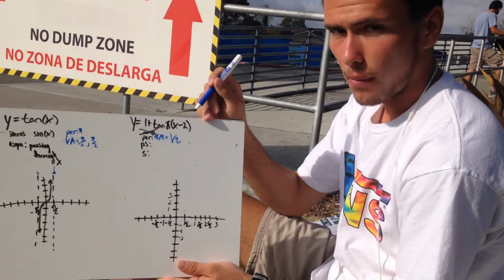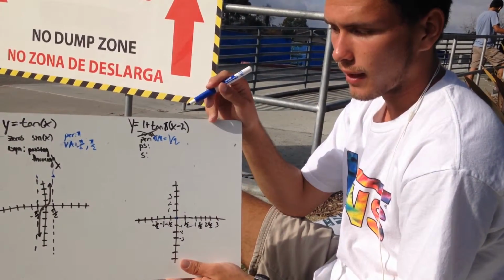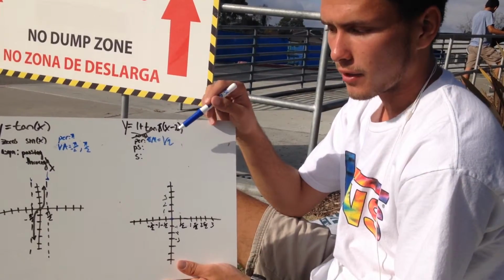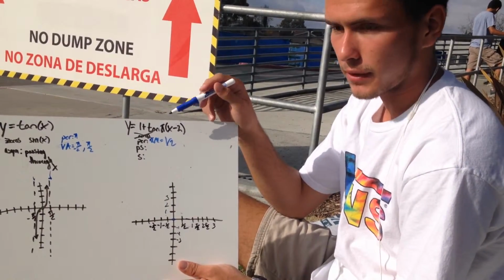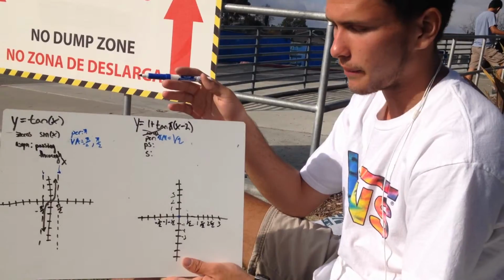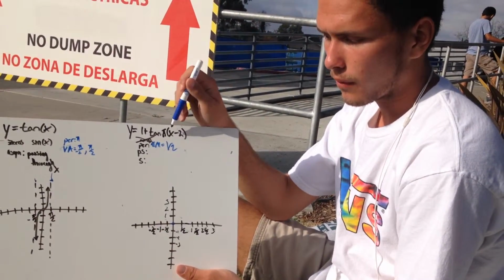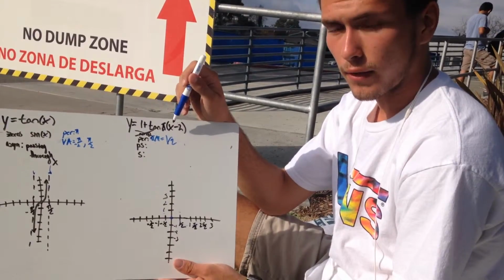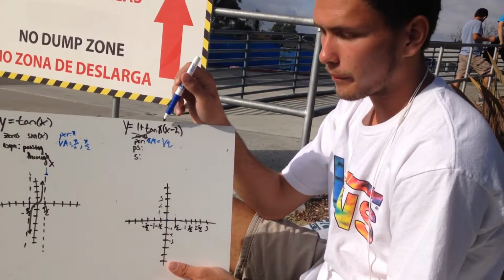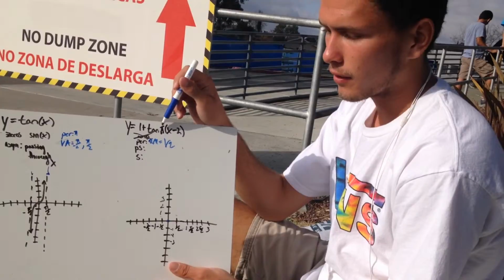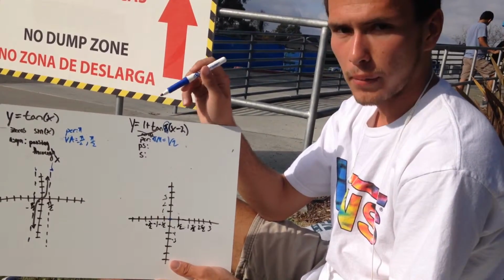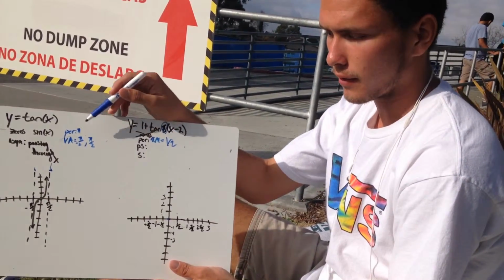Now, to graph this more complicated problem, we have to see if there's an amplitude, period, phase shift, or shift. There is no amplitude because it's a tangent graph, so we don't need to worry about it. For the period, since there's no number in front of the variable x, we don't need to pull it out. But there's a number in front of the argument, so that's the number we need to divide pi by, which is the average period for tangent.